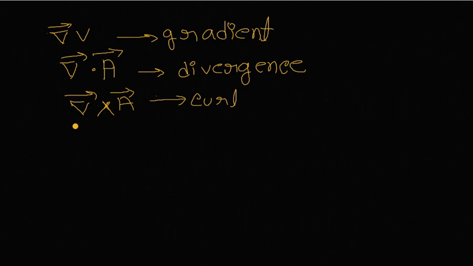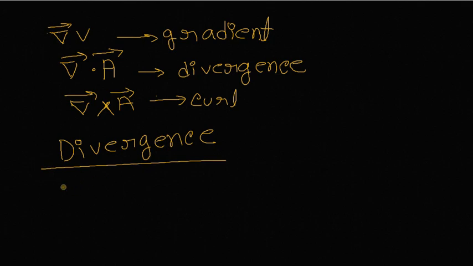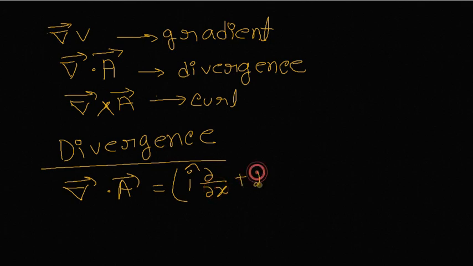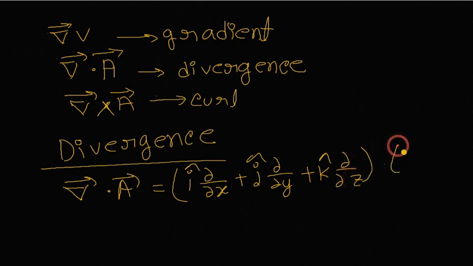Now the next topic that needs to be discussed is the divergence. The divergence is del dot A, and we know the meaning of del is i cap del/del x plus j cap del/del y plus k cap del/del z, into the value of A, which is ax i cap plus ay j cap plus az k cap.